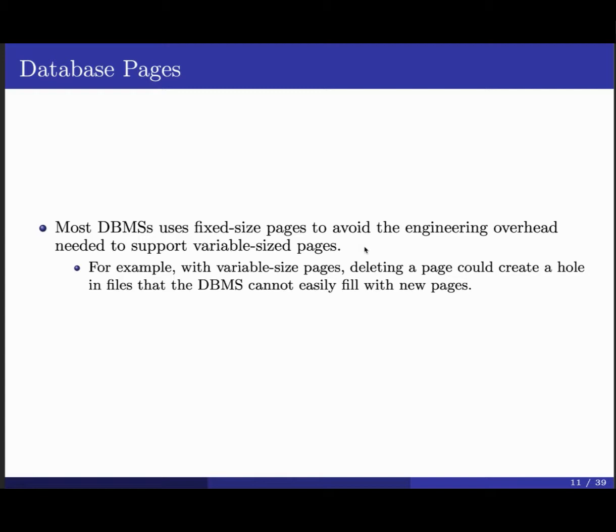If you try to use variable size pages, that's not going to be easy for you. You have to do a lot of engineering overhead to make sure that you support these variable sizes, okay? And for example, if you have variable sizes and you delete one page from the file, it's not easy to fill this space with a new page, because you are looking for a page that can fit in this space.